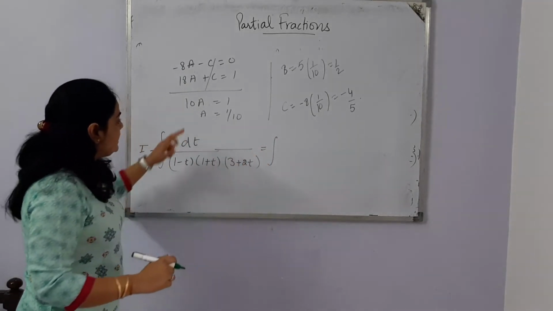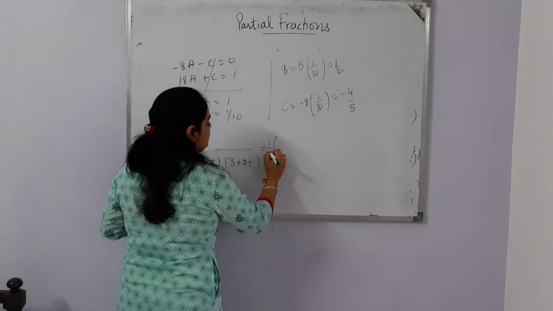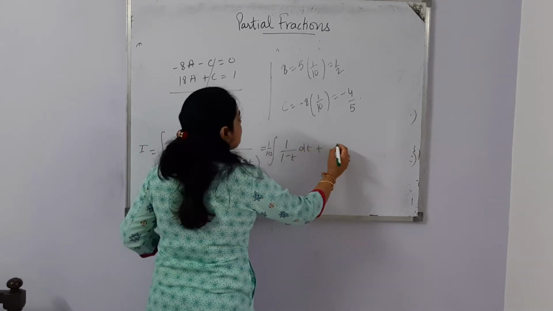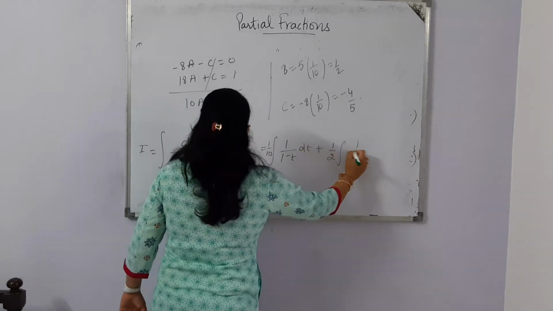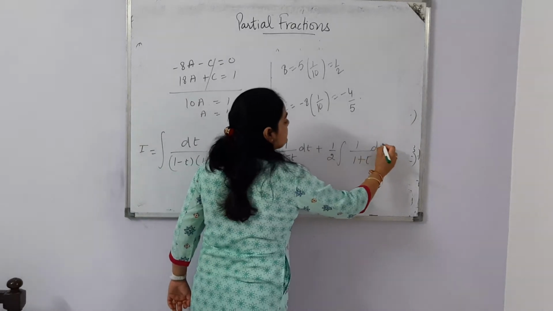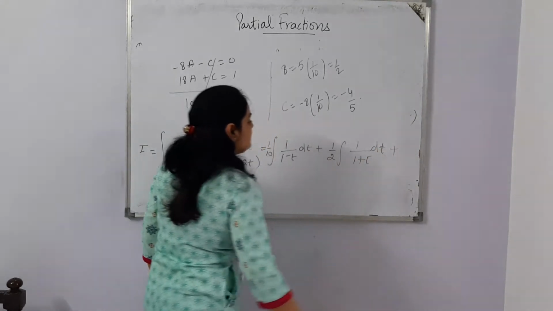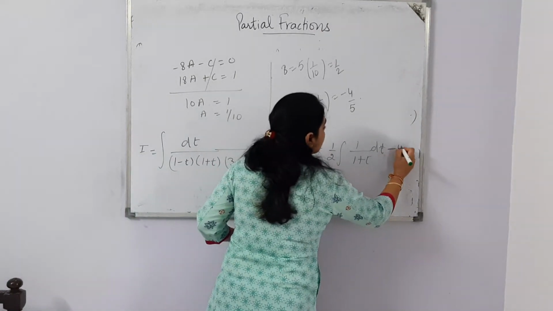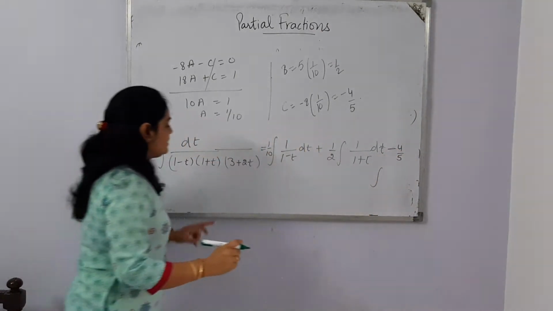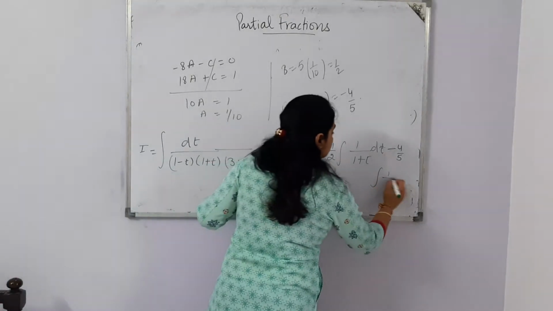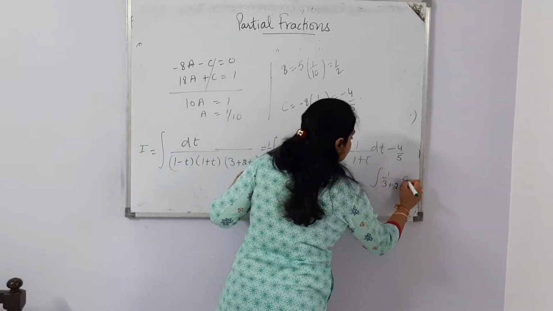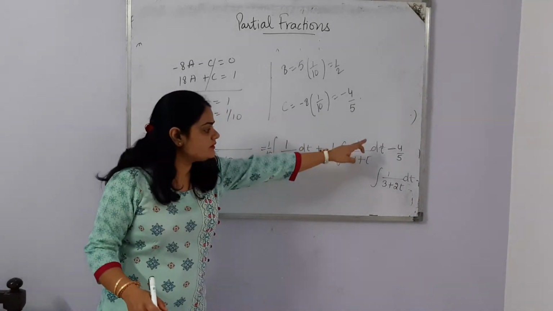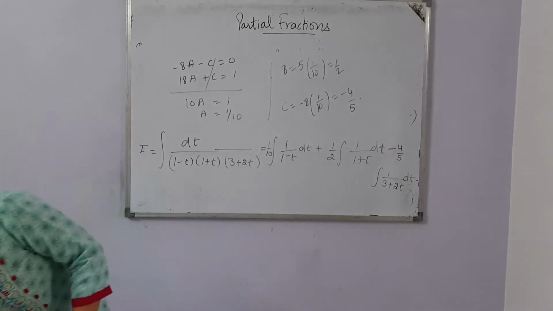It is equal to a upon, what is a, 1 by 10, 1 minus t dt, plus b upon 1 plus t dt, where b is 1 by 2, plus c upon 3 plus 2t dt, where c is minus 4 by 5.